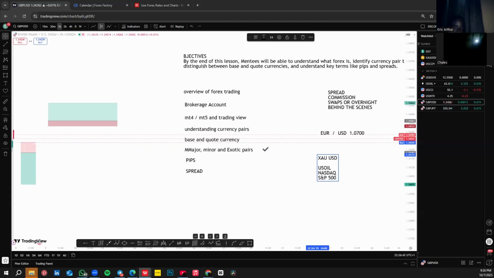The Nasdaq index tracks the 100 largest non-financial companies listed on the Nasdaq exchange. So when those companies are doing well, automatically the country is doing well.